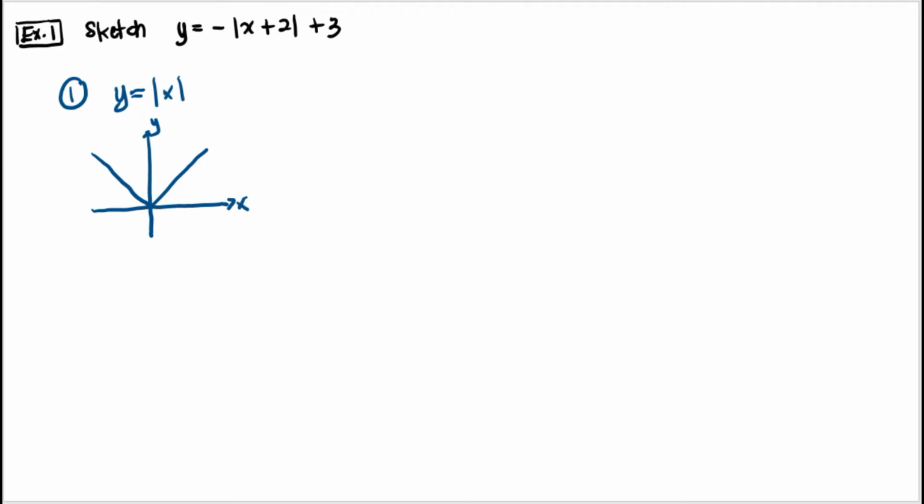Now, you are going to shift the graph to the left by 2 units, because in the second step, suppose I want to sketch modulus of x plus 2. When we have plus 2, it means we have to shift the graph to the left by 2 units.